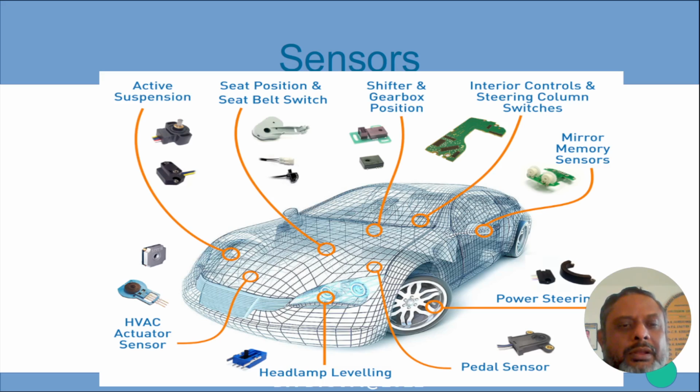So we have so many situations where we need to sense. We just want to look at various activities, like the suspension system is there. Then we have seat belt, gear shifter, gear position, interior control, steering column switches, mirror memory sensor, power steering, pedal sensors, headlight leveling, and many more. So what is going to happen?